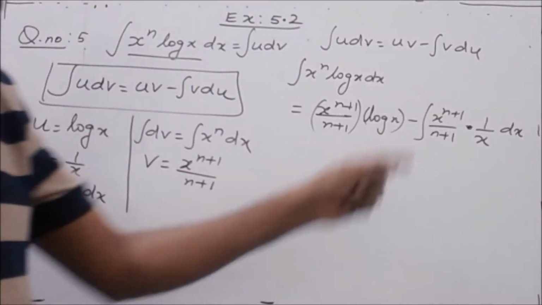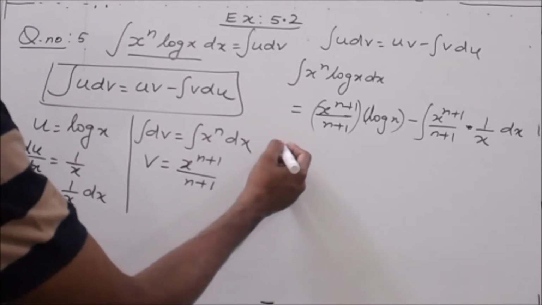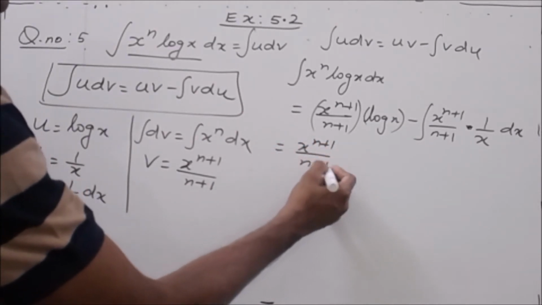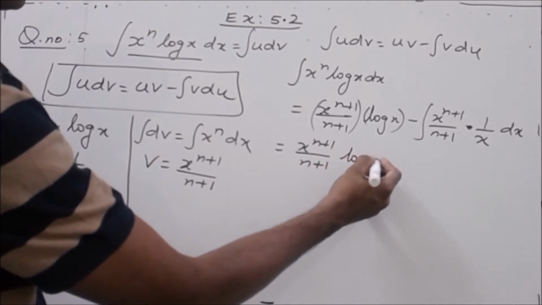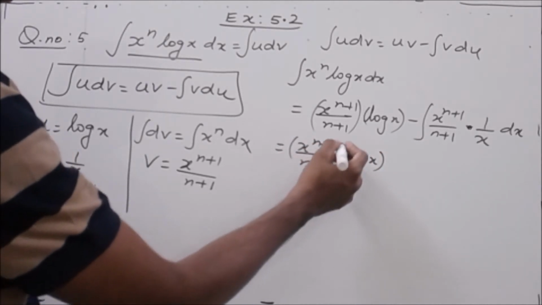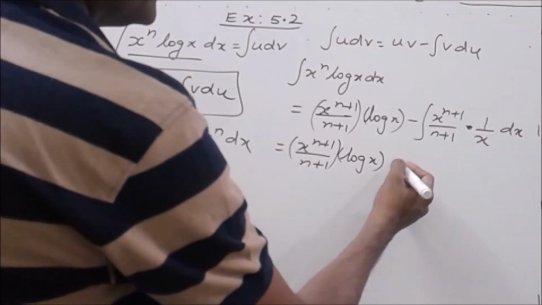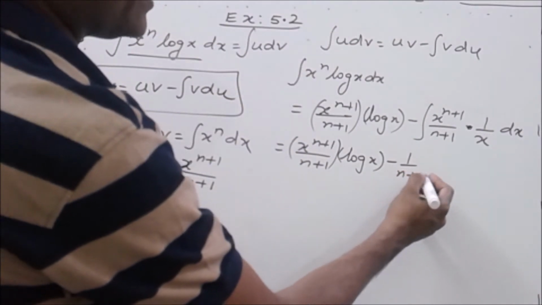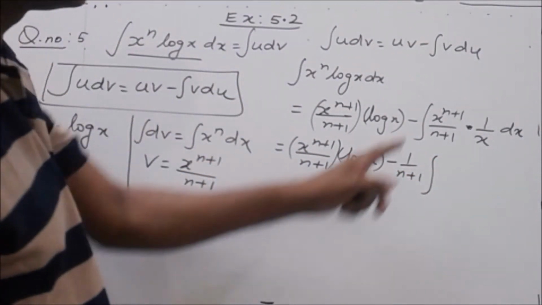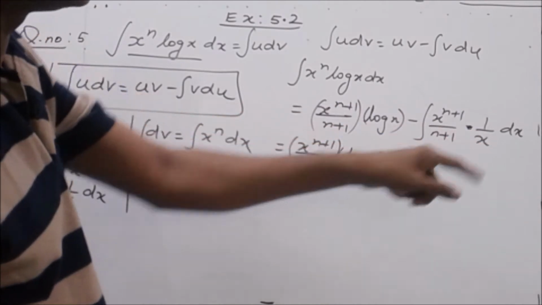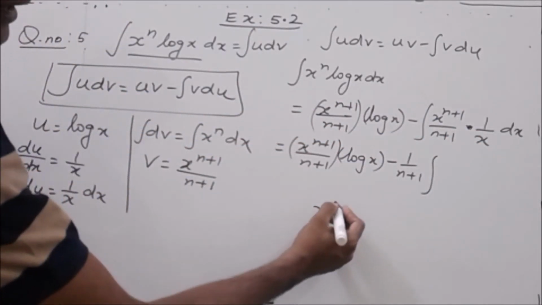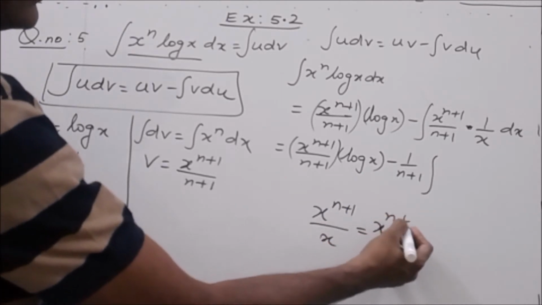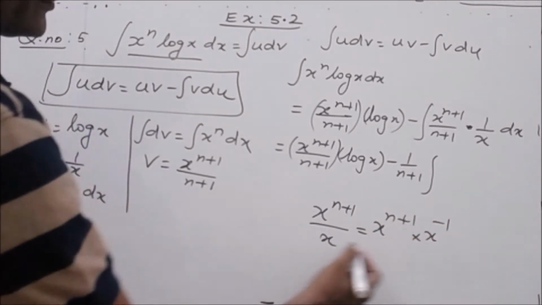So integrating the second term, we have x^(n+1) by n+1 into log x, minus 1 by n+1, which is a constant taken out. Remaining are x^(n+1) by x. Look here, x^(n+1) divided by x will be equal to x^(n+1) into x^(-1).